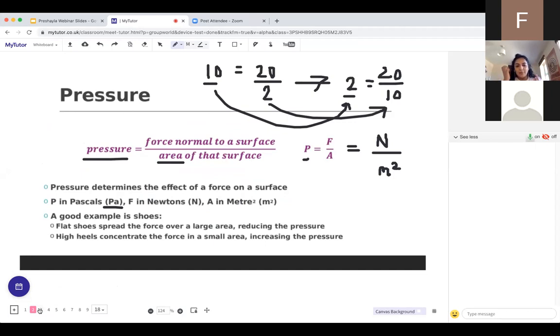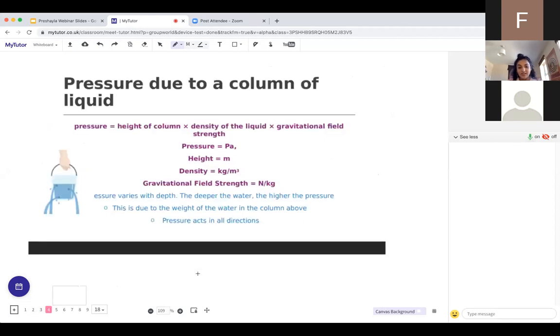So in pistons, in kind of solid real life machine applications. However, pressure in a liquid is different. Okay, so if we have a container of liquid, a column of liquid, we have a very, very different equation.